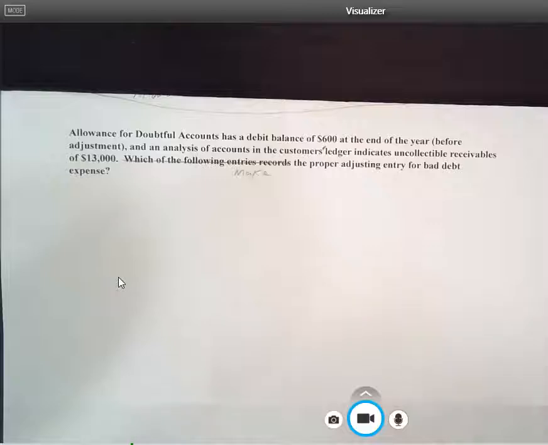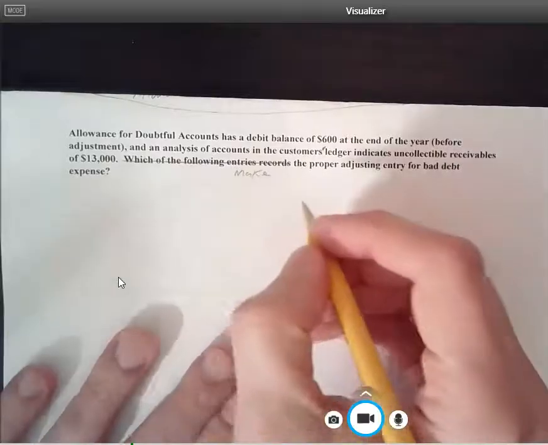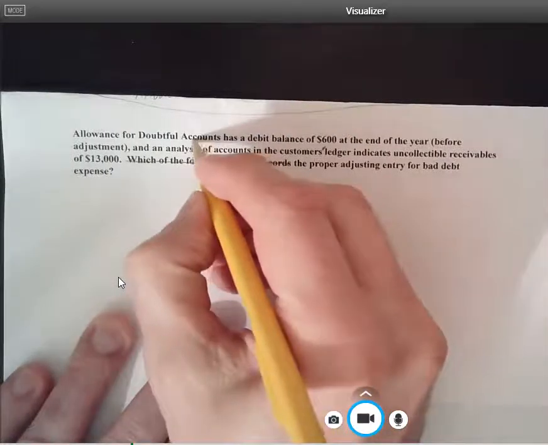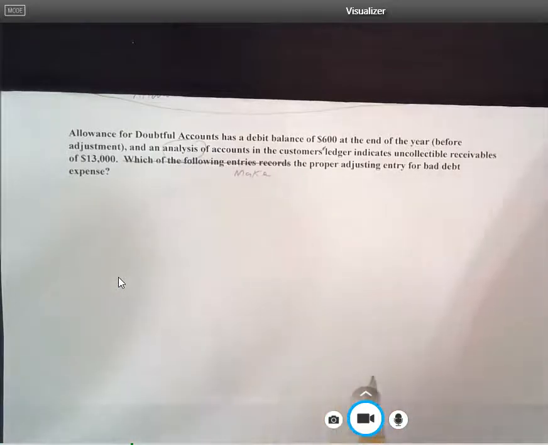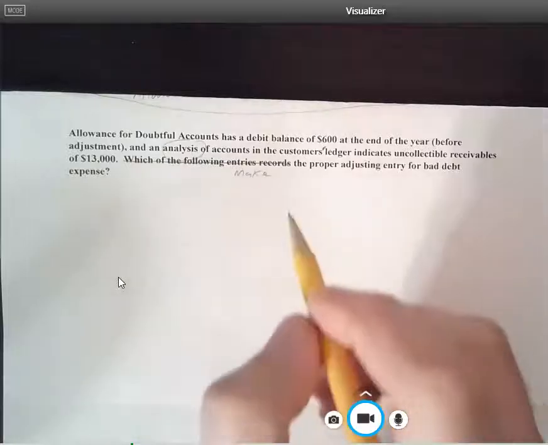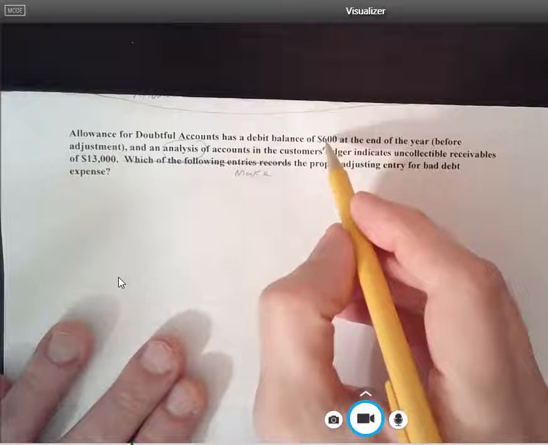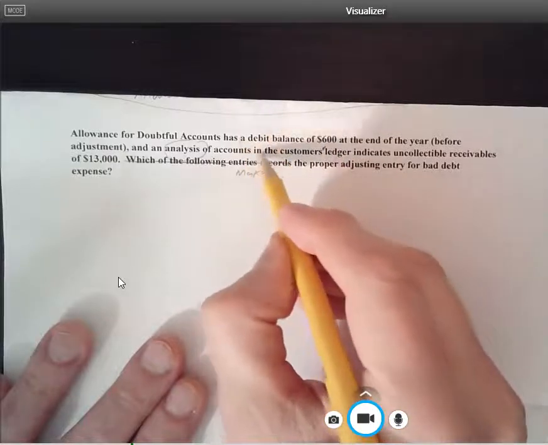What we're trying to get at here is we have to pay attention to a lot of stuff. First of all, we've got the word analysis here. That should indicate to us that we are dealing with an aging or analysis method and not the percent of sales method. The other thing I want you to notice is this $600 here is a debit balance.